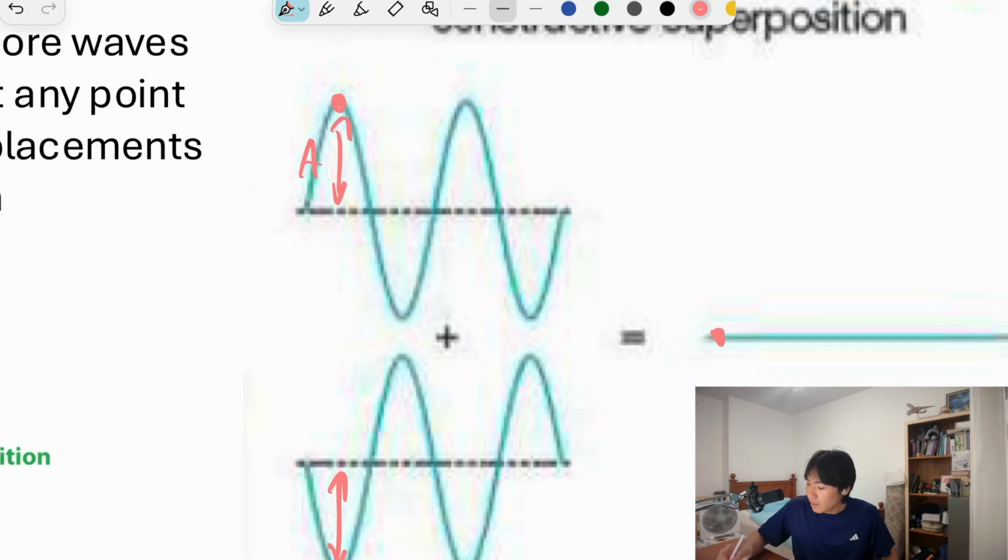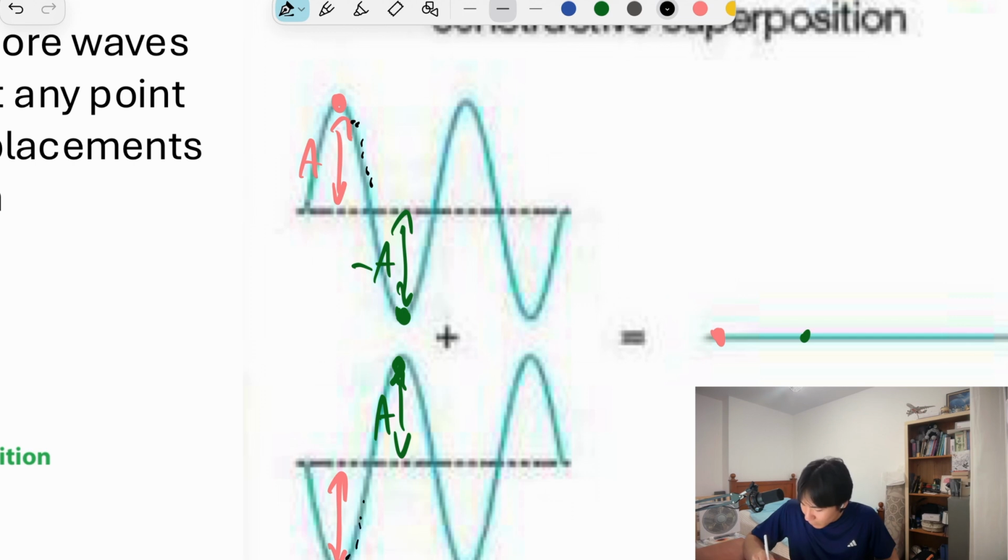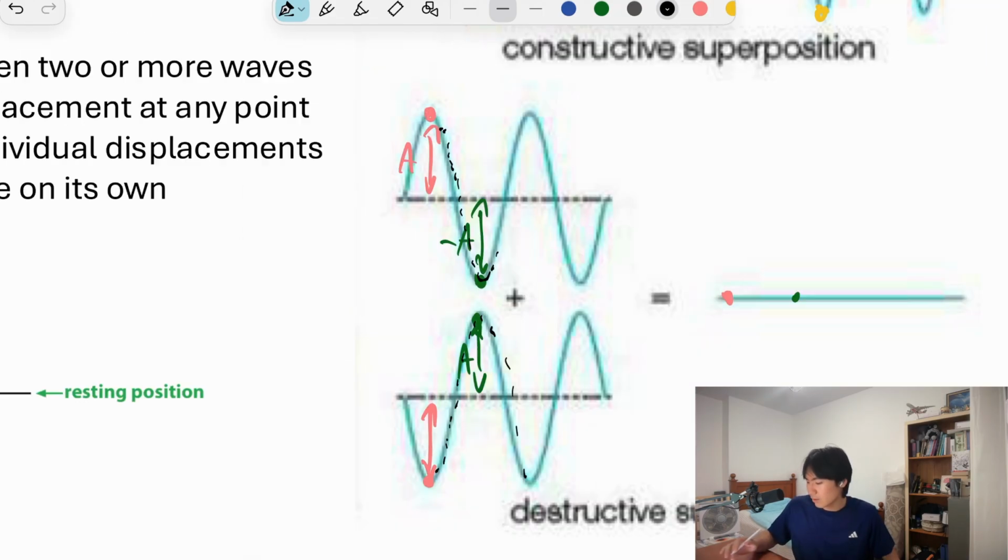And if you study any point on this wave, maybe minus A here, and this point is A, you're going to get 0. If you study any of these points here and add it up with any of the points here at the same position or same time, depending on what is on the x-axis, you're going to get 0.